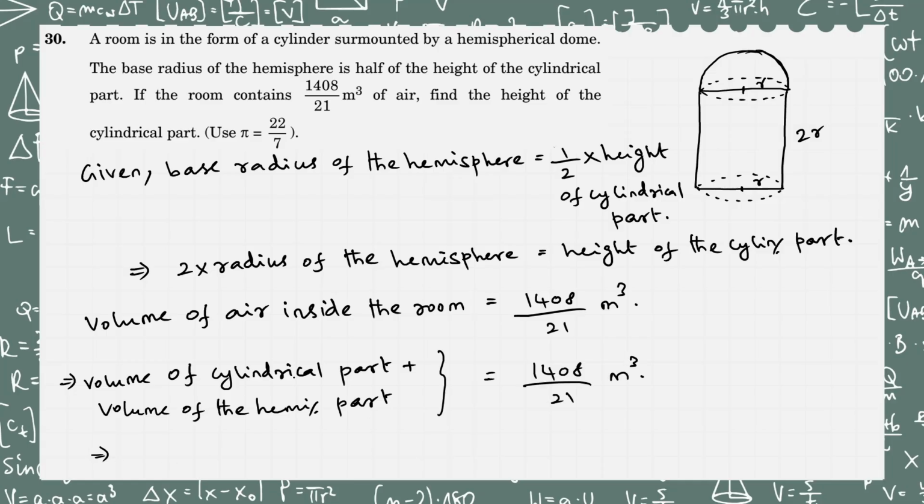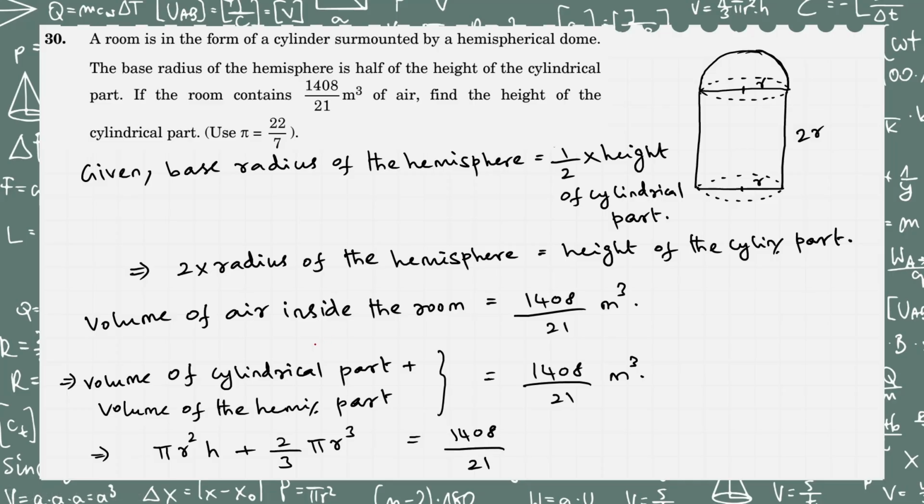That implies, you guys very well know that volume of the cylinder is pi r square h, right? So pi r square h plus volume of the hemisphere is 2 by 3 pi r cube. Both have the same radius, so we have used the same letter. This is equal to 1408 by 21.